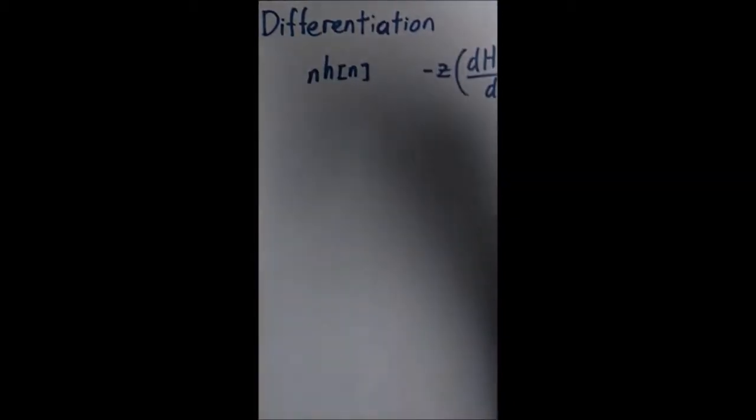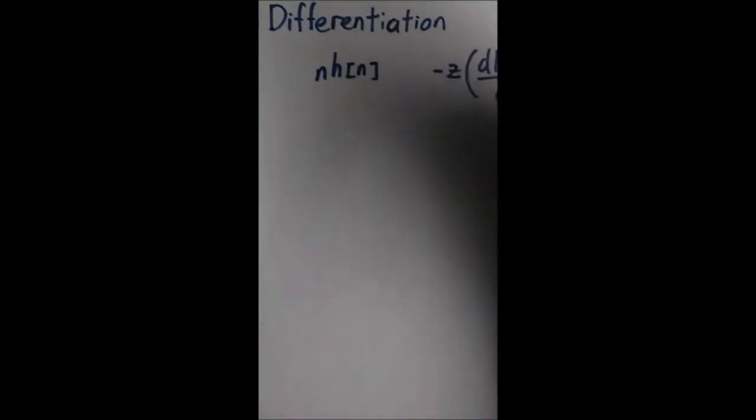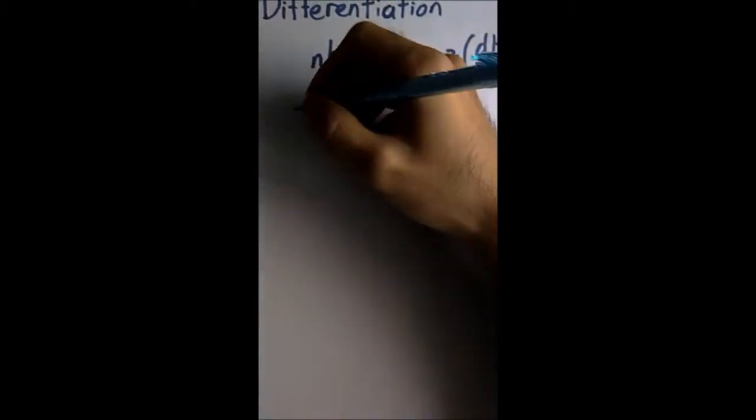So, firstly we will talk about differentiation. From an example, from the Z-transform table, we know that u[n] is equal to this Z function.